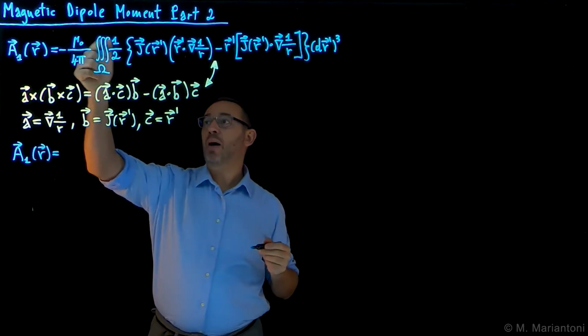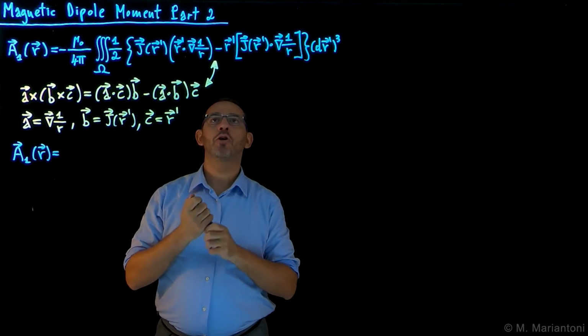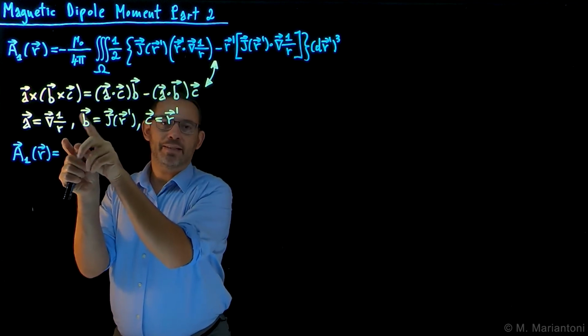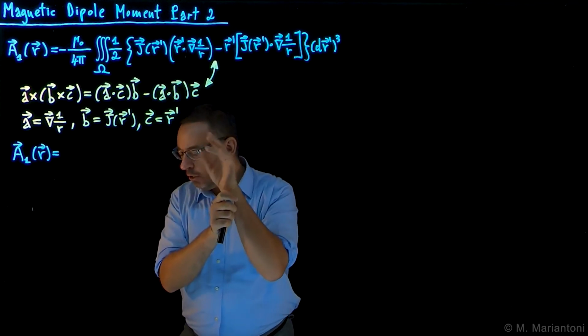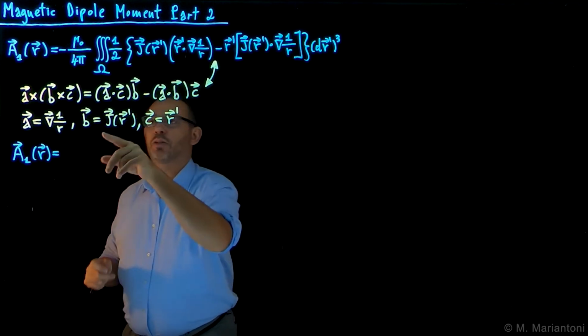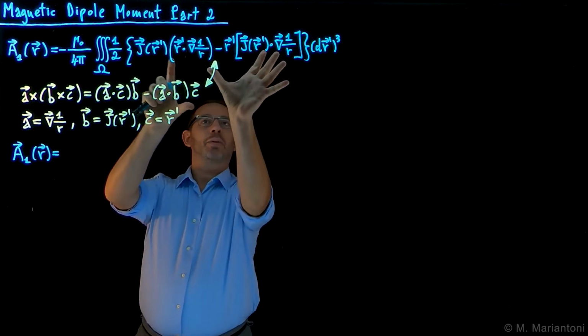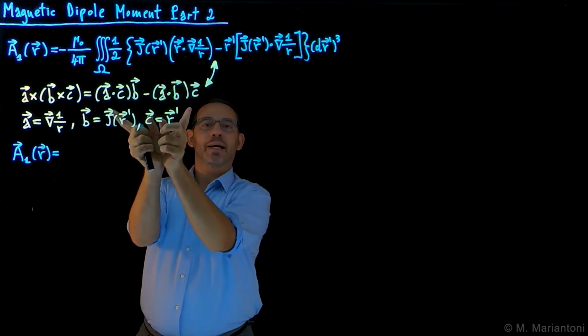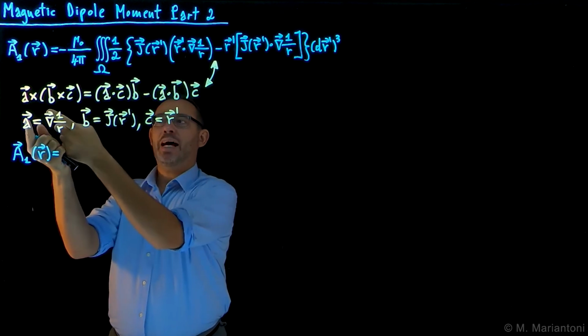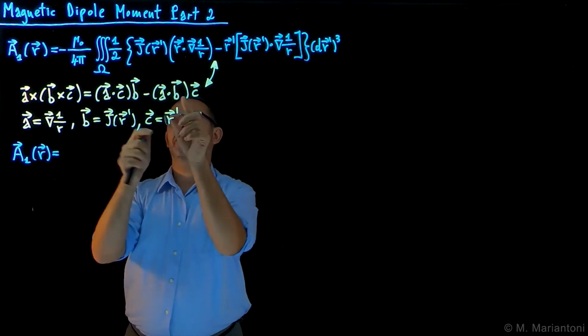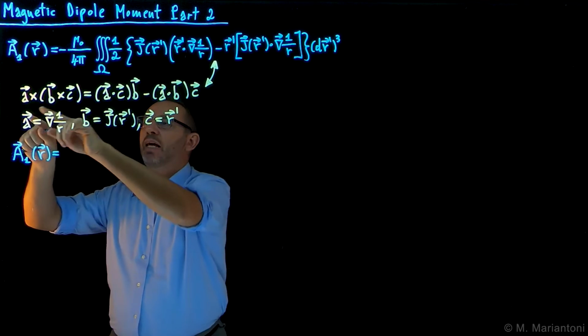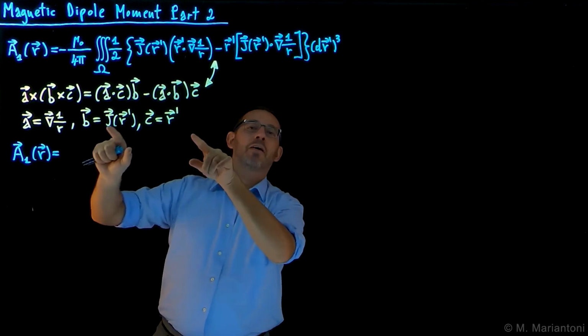So we keep our sign minus mu naught over 4 pi. Now let's note that eventually there is a gradient of 1/R, which has to be crossed with something, because this expression here is nothing but this kind of expression on the right hand side, and we want to recast it into this. So eventually this integrand becomes A cross B cross C, where A, B, and C are defined here.